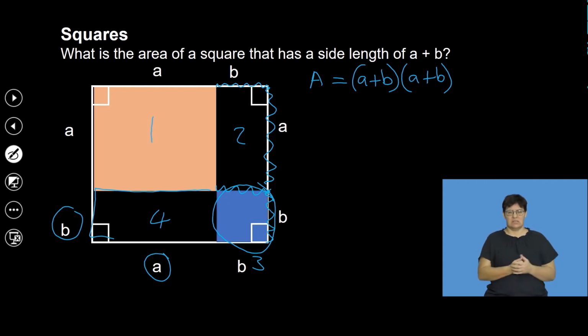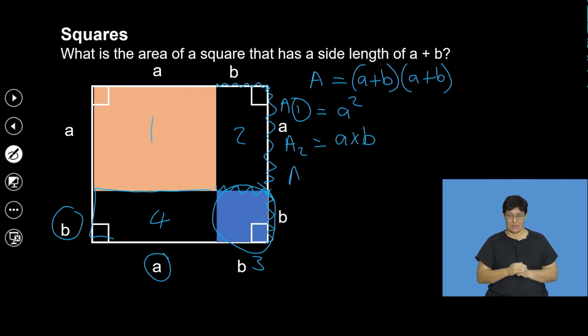Remember that shape 1 is a square, shape 2 is a rectangle, shape 3 is a square, and shape 4 will be a rectangle. So area 1 will be equal to a squared. You remember that from the previous example we did. Area 2 will be equal to a multiplied by b. Area 3, which is another square, will be equal to b squared.